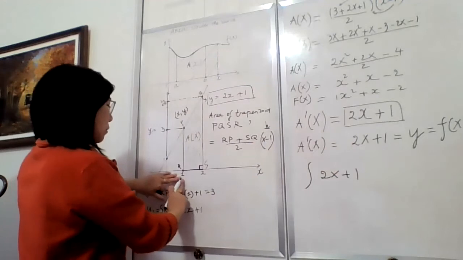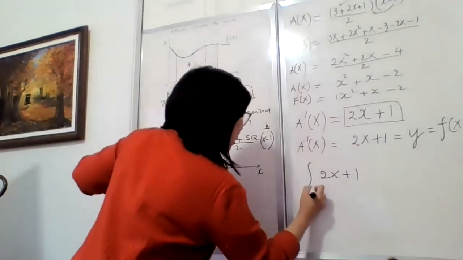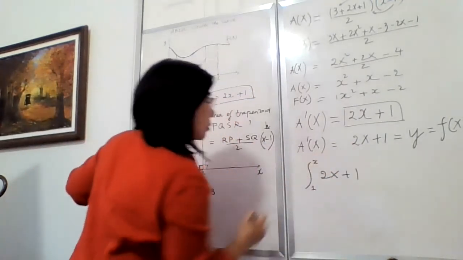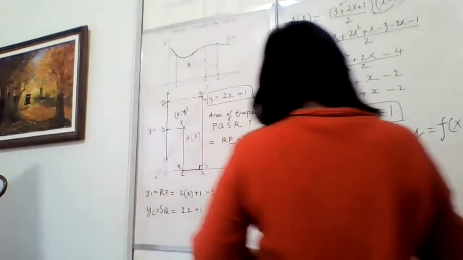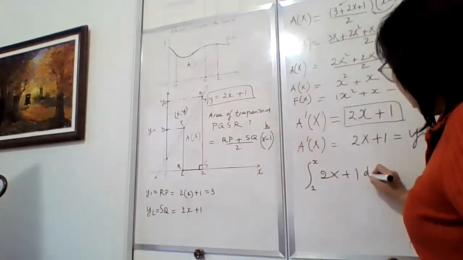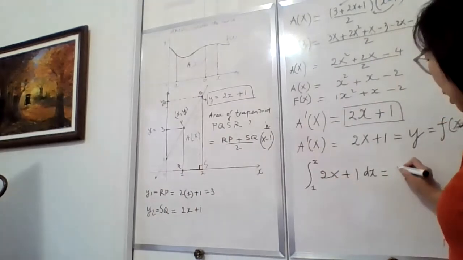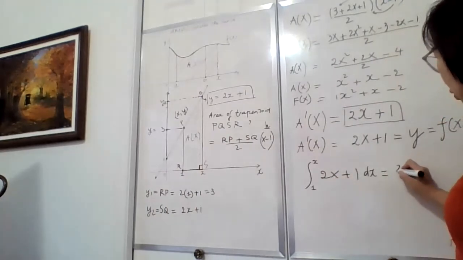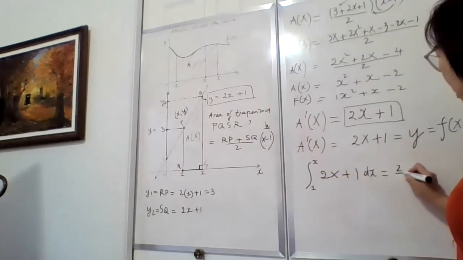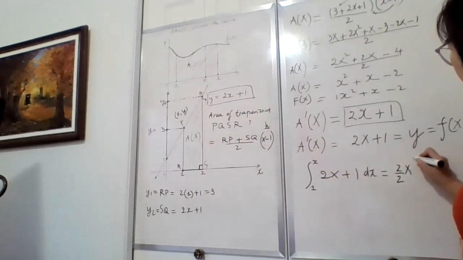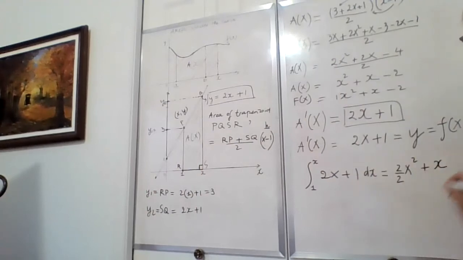And we integrate this from 1 to x. Let's do the integration of this, of course, with the dx. So that will become 2 divided by 2, x squared plus x plus c.